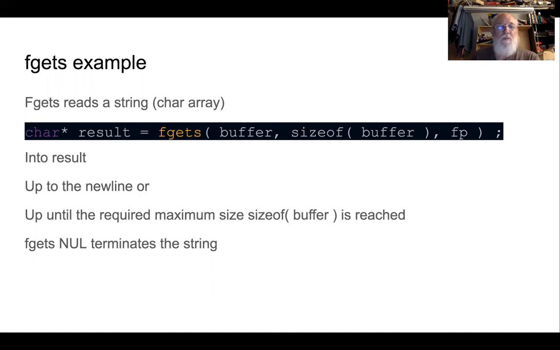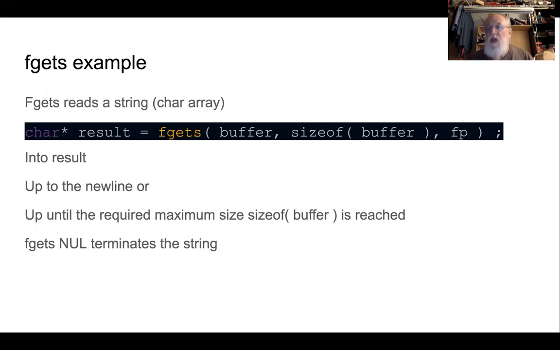So in short, what fgets does, and we'll look at some code that does this in a minute, and I think it will be more clear, is read a line from the file into buffer and also return its value as result. It reads up until a newline, or until the maximum size is reached. So if you tell it the line in your file is 3,000 characters long and you tell it to read 2,000 characters, you won't get the whole line.